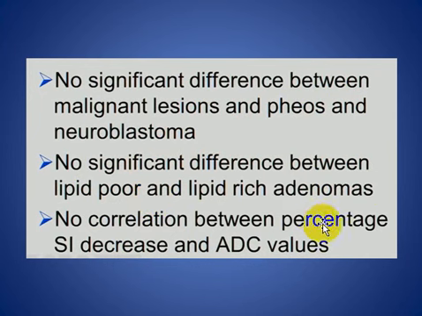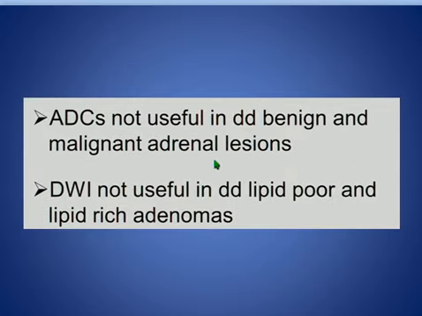No correlation between percentage signal intensity decrease and ADC values. ADC is not useful in differential diagnosis between benign and malignant adrenal mass lesions, nor in differentiation between lipid-poor and lipid-rich adenoma.